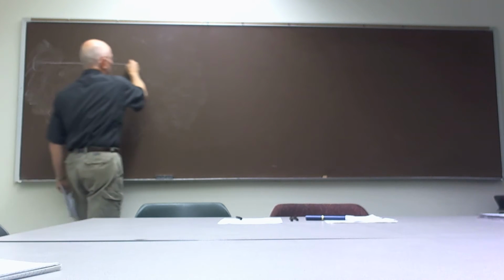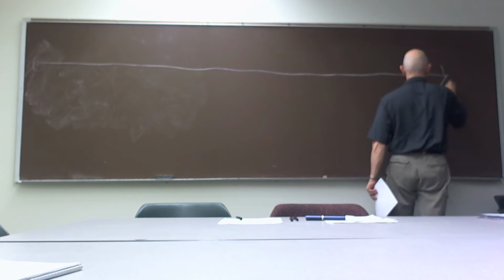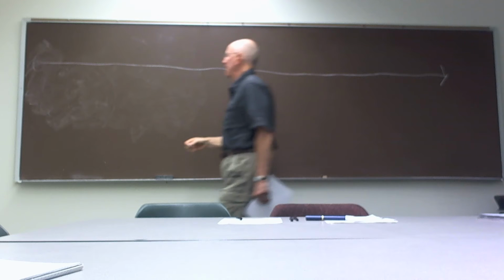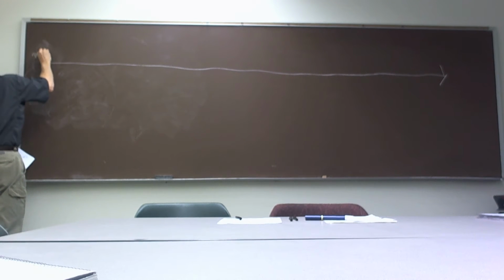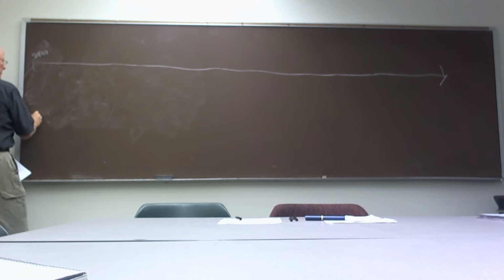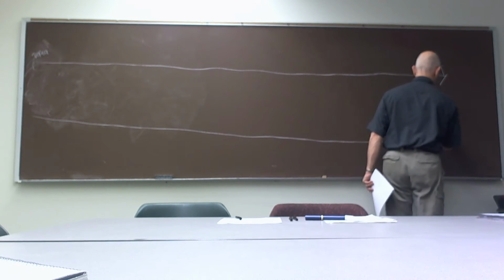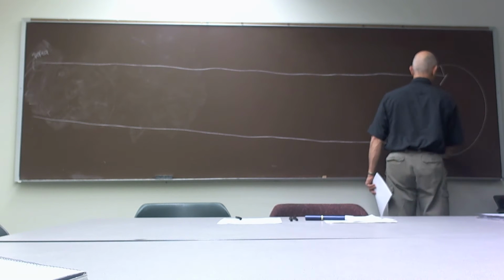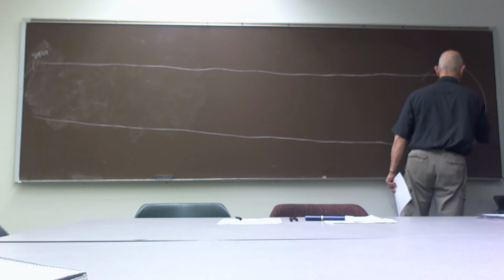So let's say we got a line here. I'm going to make it long because we got a lot of stuff. We'll make that one the direct path. And we'll put one down here, which is the indirect path. And they're both winding up having an influence on this line.